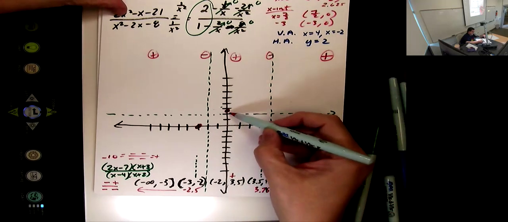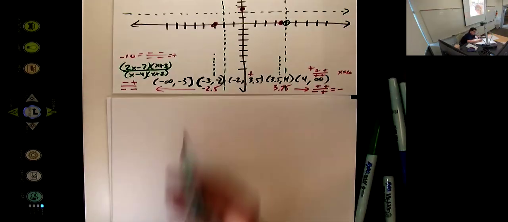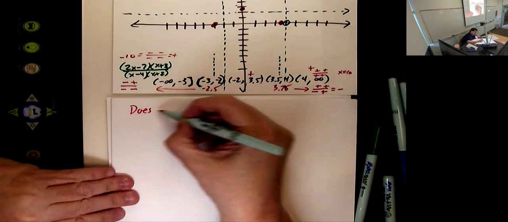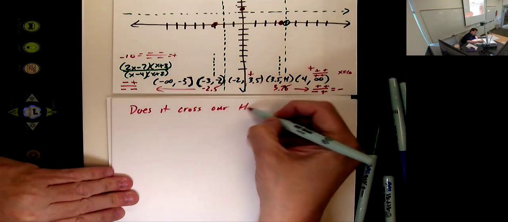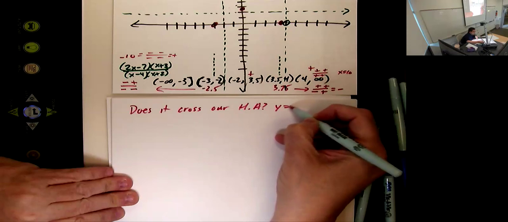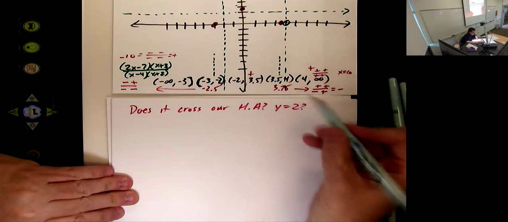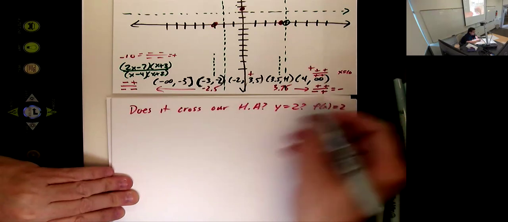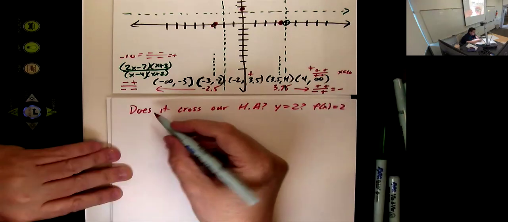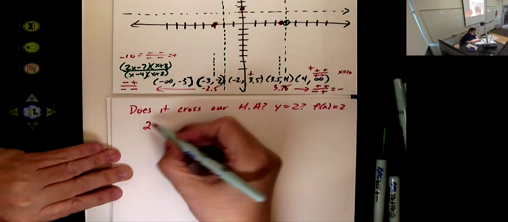We can see where it crosses y equals 2. Does it cross our horizontal asymptote? Well, set f of x equal to 2 and solve, which here is going to be a pain.